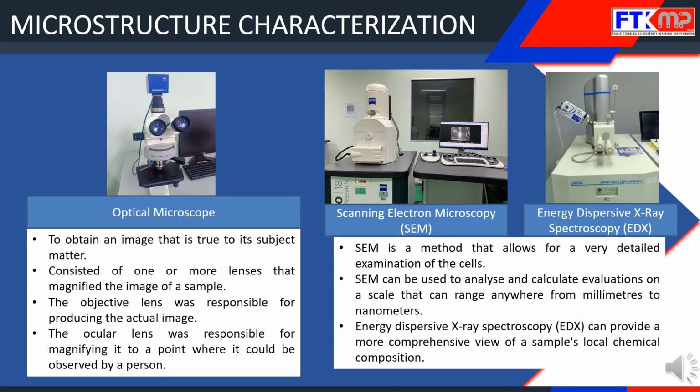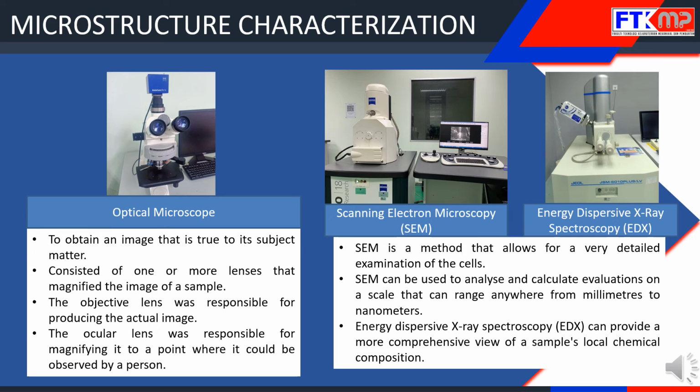There are three machines that will be used in identifying the microstructure characterization. First, the optical microscope creates a magnified image of an object specimen with an objective lens and magnifies the image further with an eyepiece to allow the user to observe it with the naked eye. Second is scanning electron microscopy.